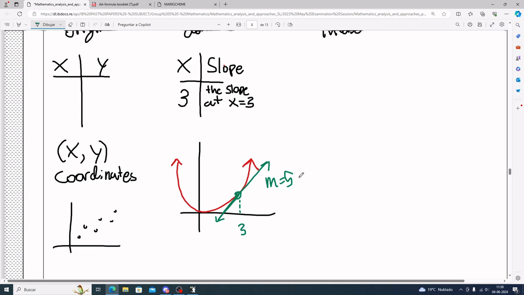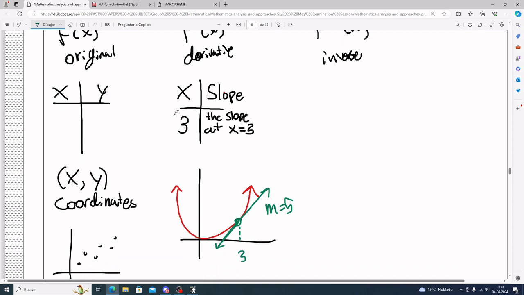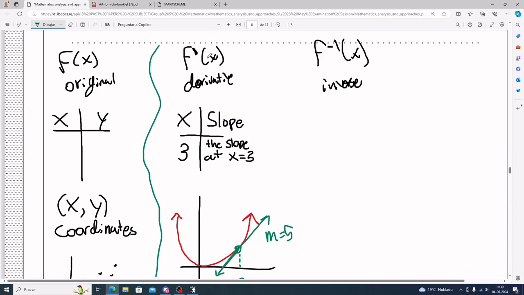But my point is, when you get the derivative, suddenly plugging in x, you are now asking your function, what is the slope? In the original one, you plug in an x and you get a y coordinate. In the derivative version, you plug in an x and you get the slope at that point.